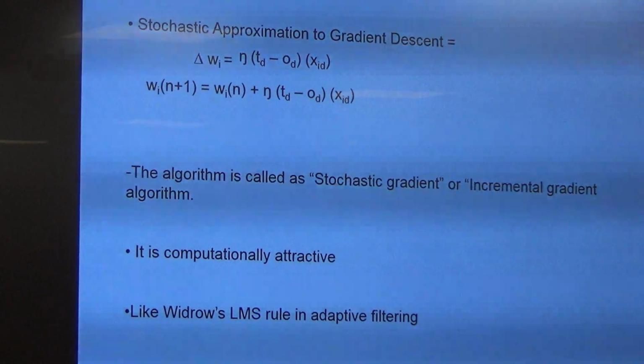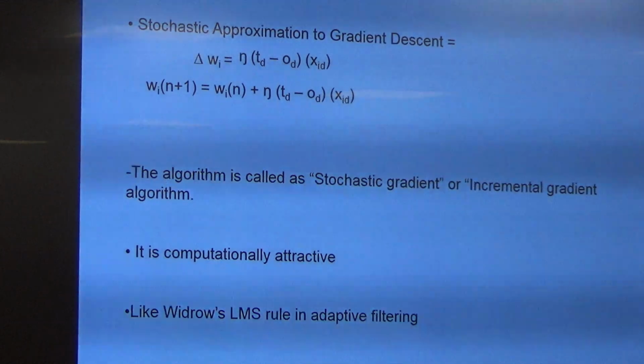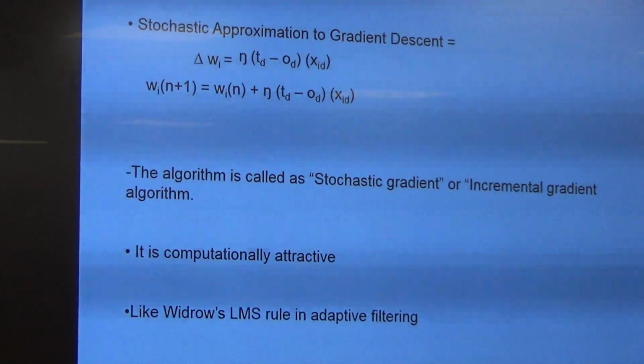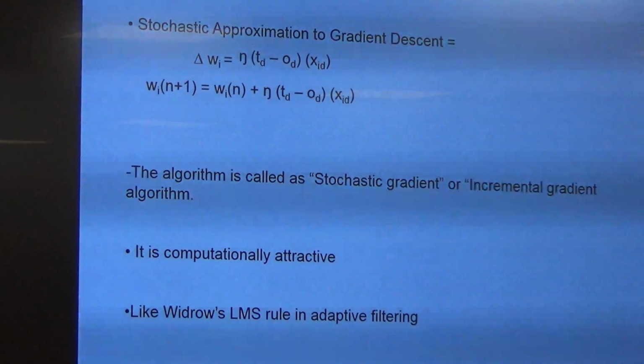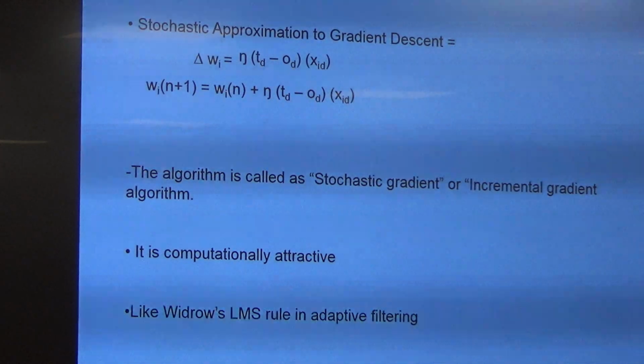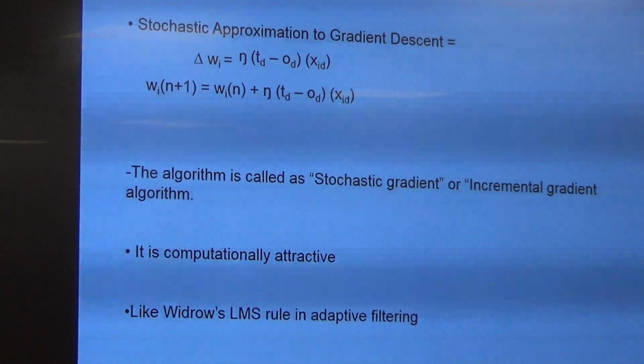It so turns out that sometimes people rediscover ideas available in some other area. Like in adaptive filtering, there is a rule called the Widrow-Hoff rule. This is the LMS rule in adaptive filtering.